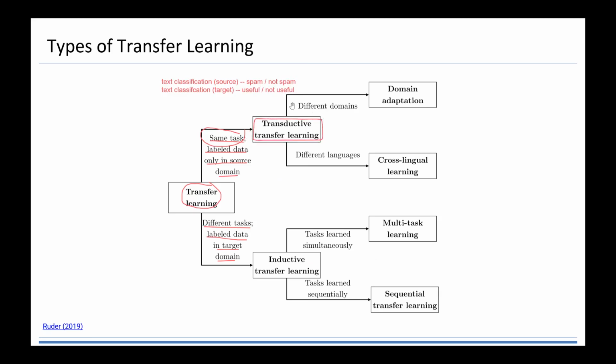It can be distinguished into two. The first is different domain, which we call domain adaptation, or different languages, which we call cross-lingual learning. Different domain means, if I am in a university, the spam and not spam text classification from the source is only related to academic content because I'm in the university.